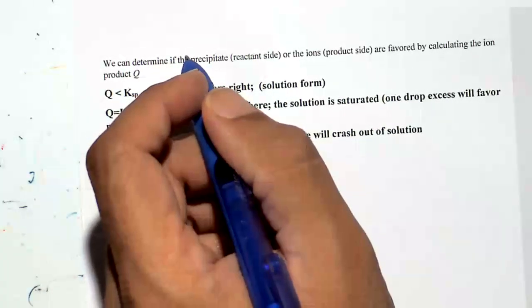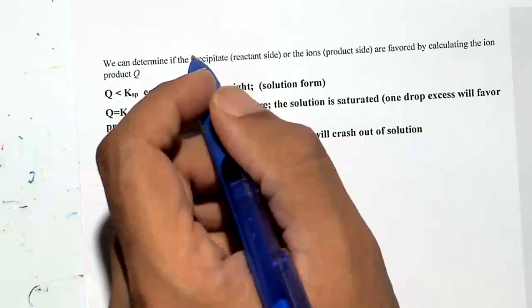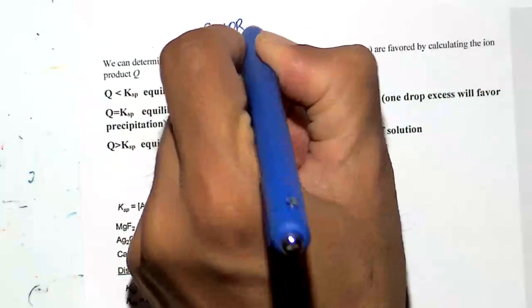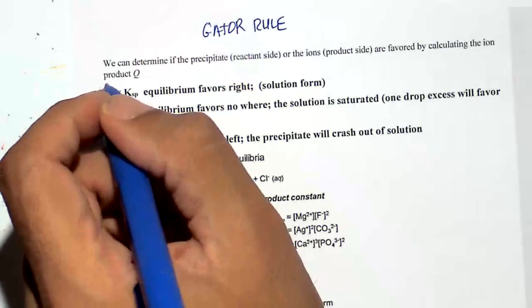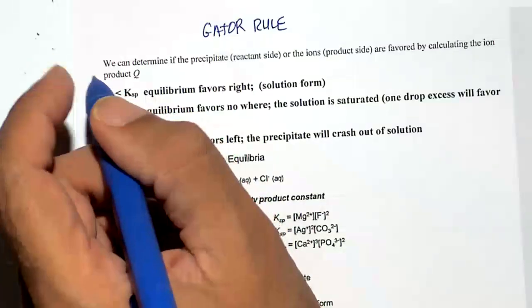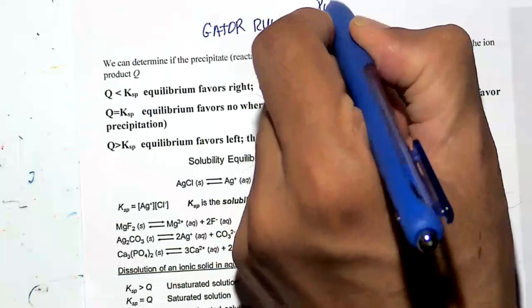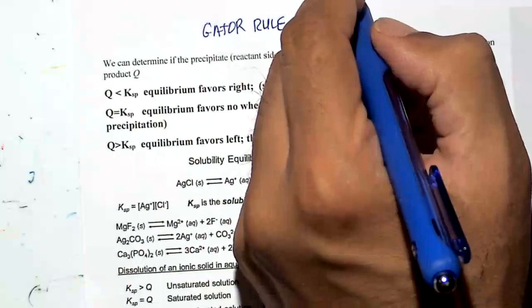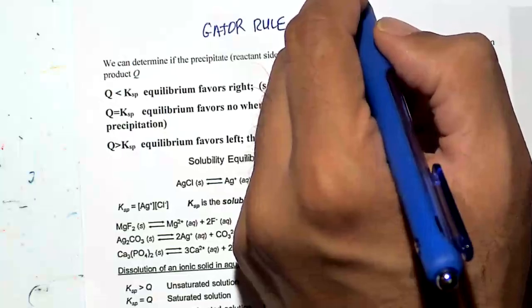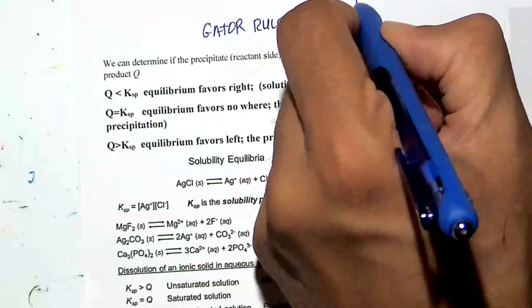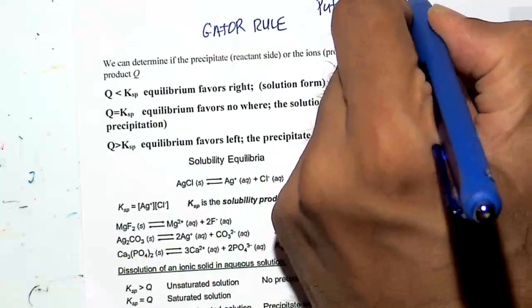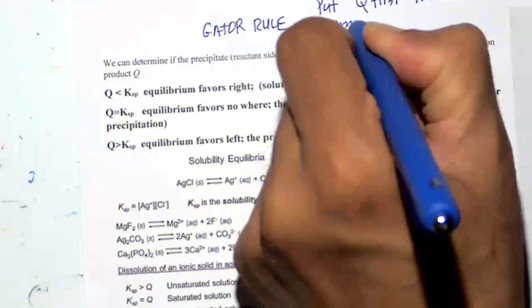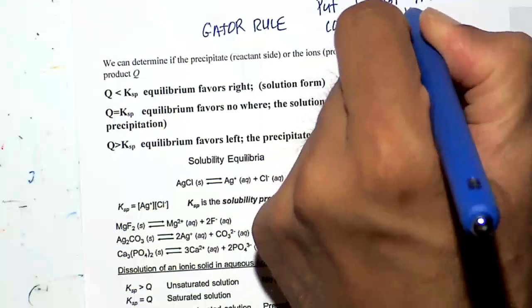So the question is, will it precipitate or not? Will it be a solid or will it stay in solution? For that we can use what's called the Gator rule. Do you remember the Gator rule? We will use the reaction quotient Q and compare it to KSP. As a caveat, in the Gator rule you have to put Q first, then compare it to KSP. Otherwise, what I'm telling you is not right.